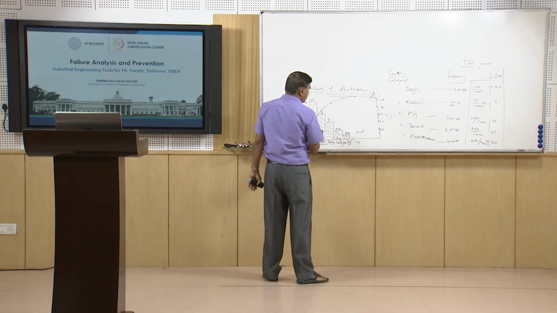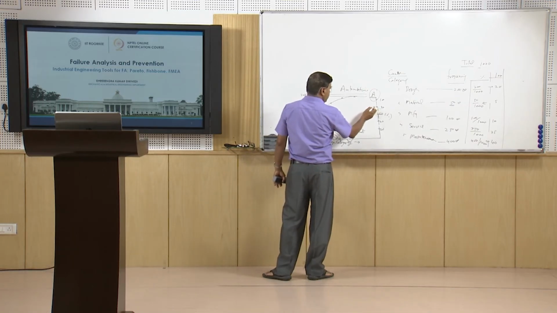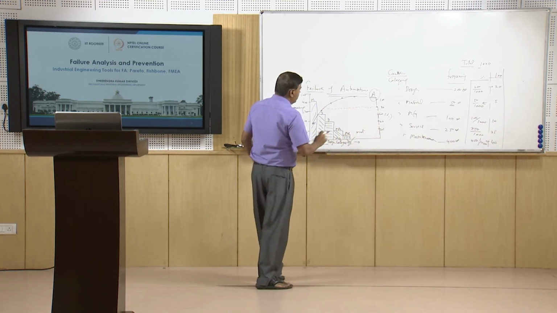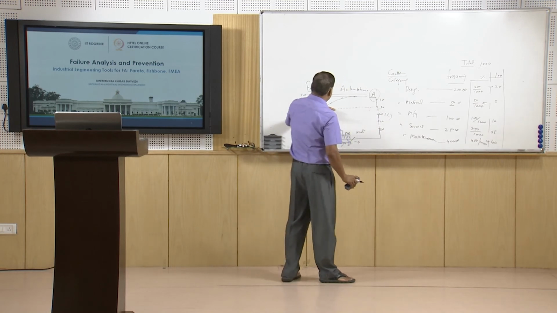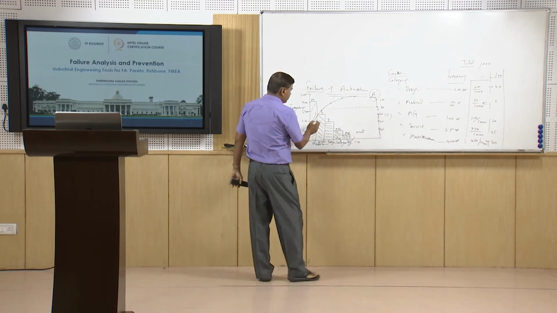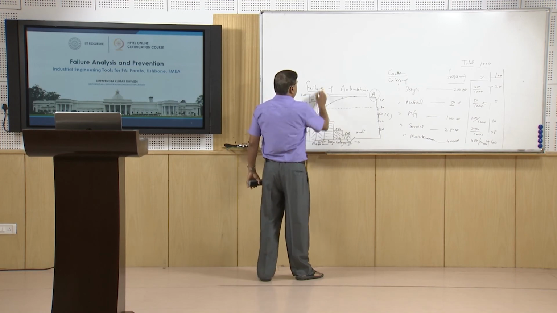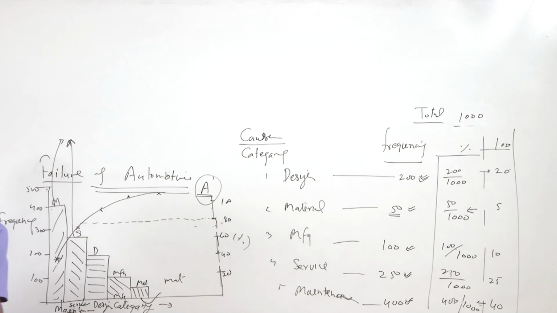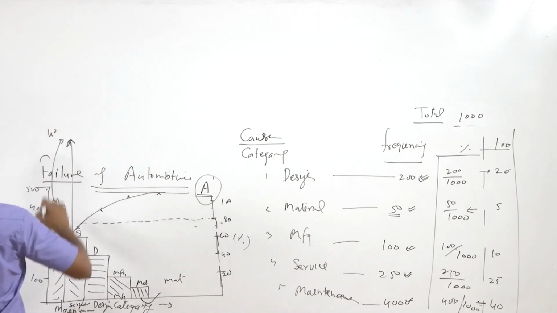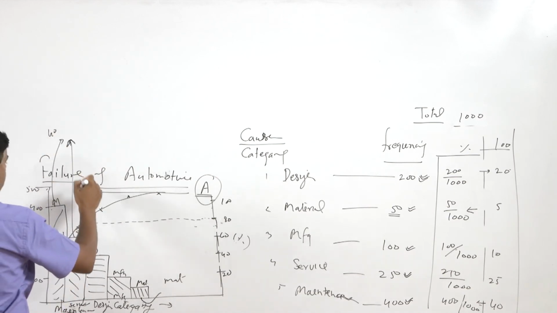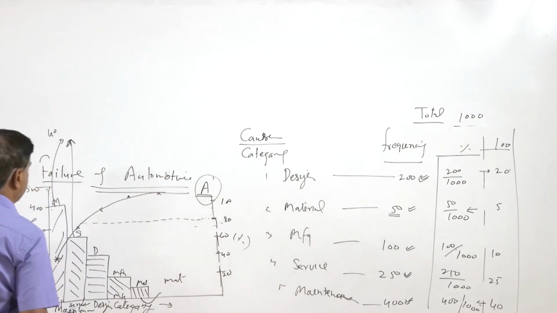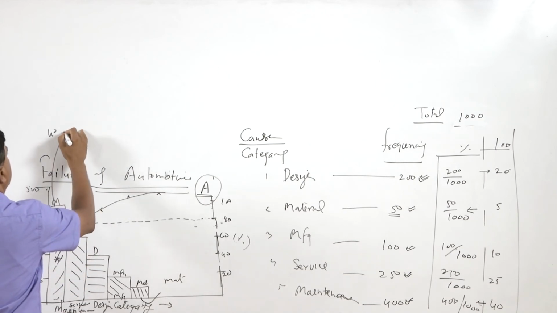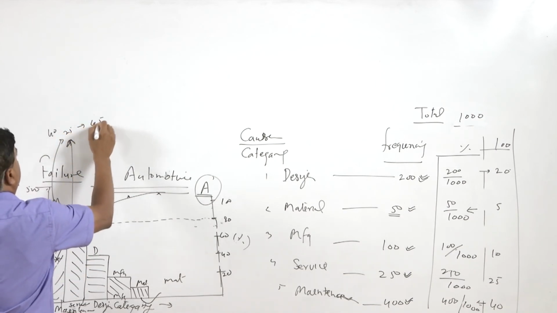Now we know roughly where the 80% contribution point is. So we draw one line corresponding to the 80%. There are two factors which fall in this category: one is the maintenance and another is the service. The maintenance contribution is 40 and the service is 25, so the total is 65.